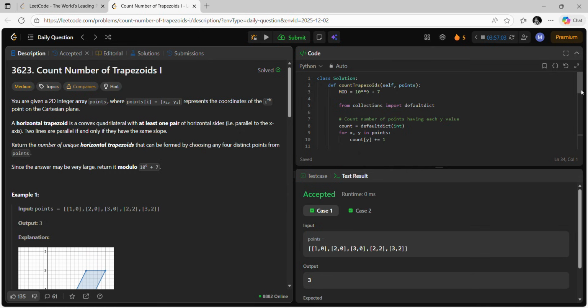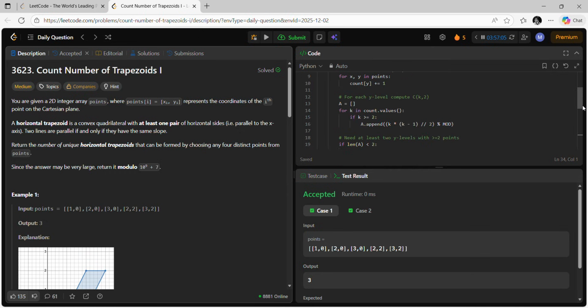Coming to the next lines, line number 12 to 16, here we compute C(k, 2) for each level. So a is equal to an empty list, for k in counts.values, if k is greater than or equal to 2, a.append k into k minus 1 divided by 2, modulo mod.